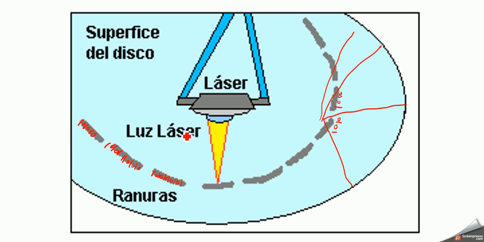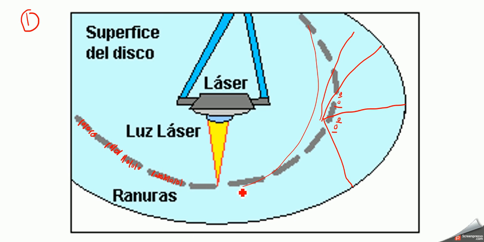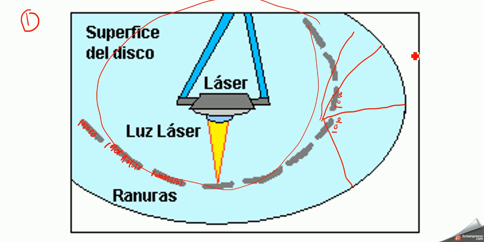Now, there are two rules which you need to know in regards to this. Numero uno. When the disk is spinning, it's spinning at a constant number of revolutions per second.